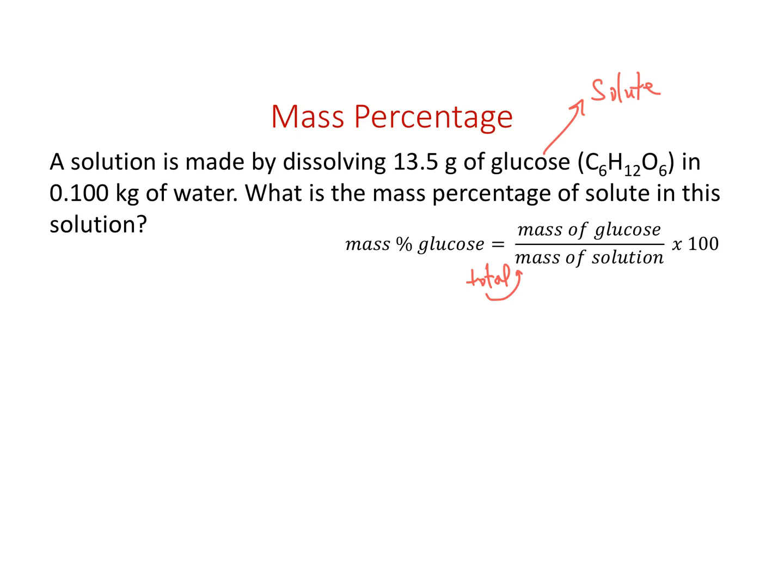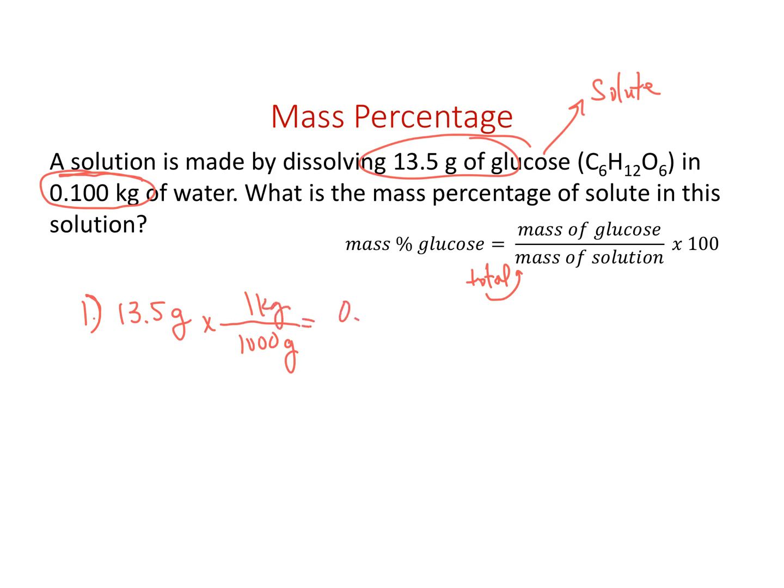So one thing to do before we start this calculation, right, my mass of water is in kilograms, my mass of glucose is in grams, so I need to convert my mass from grams into kilograms. So I have 13.5 grams of glucose, and I know that there are 1,000 grams in 1 kilogram, so I have 0.0135 kilograms of glucose.